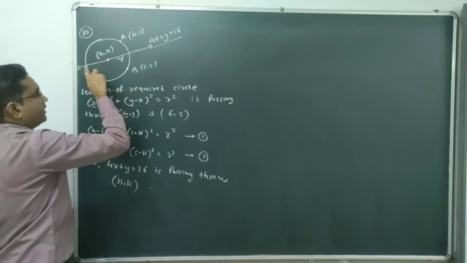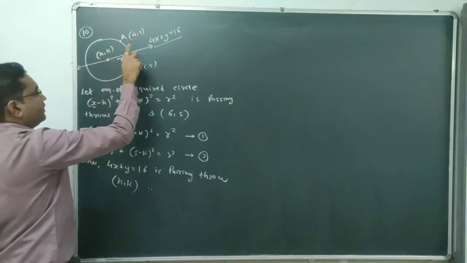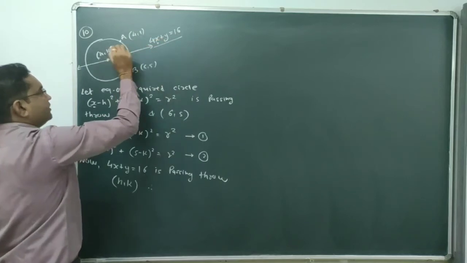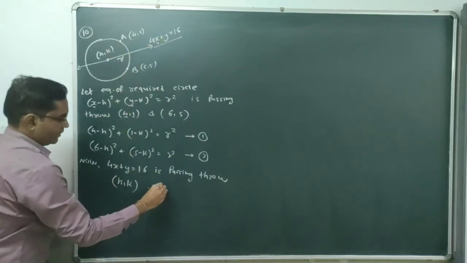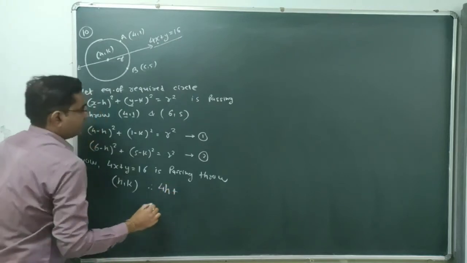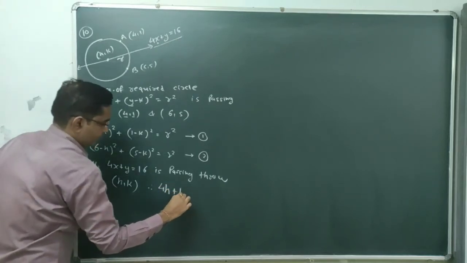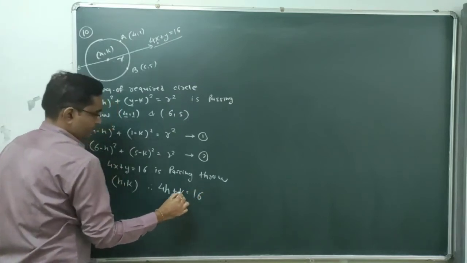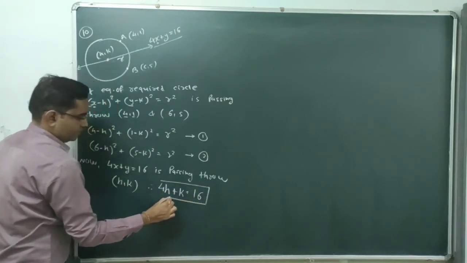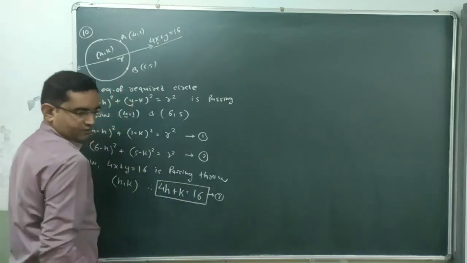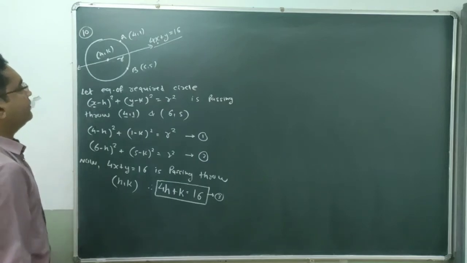Done, because this point lies on the line, so h comma k will satisfy this equation of line. So replace this x with h and this y with k. Therefore we can write 4h plus k equal to 16. This is our third equation. Clear? So total 3 equations will be given.